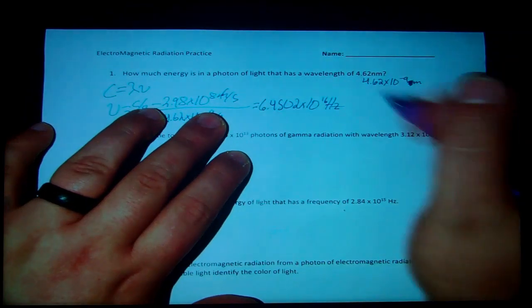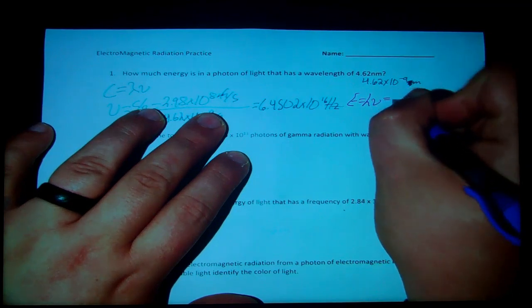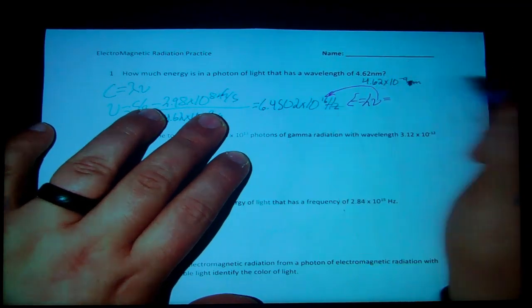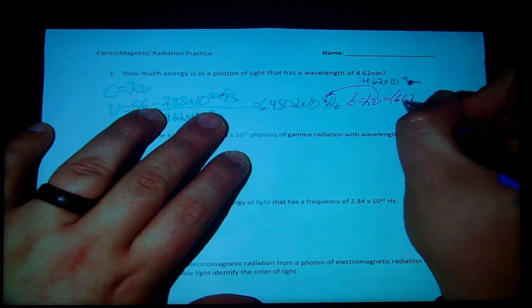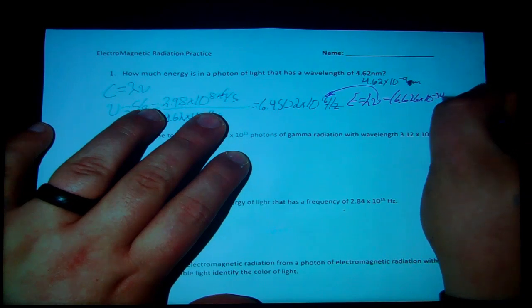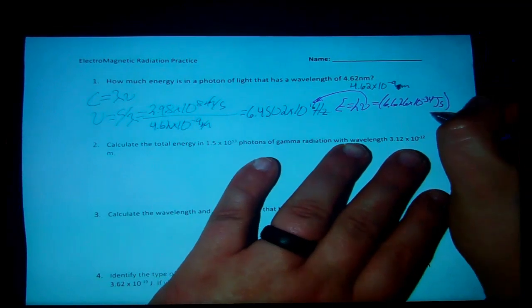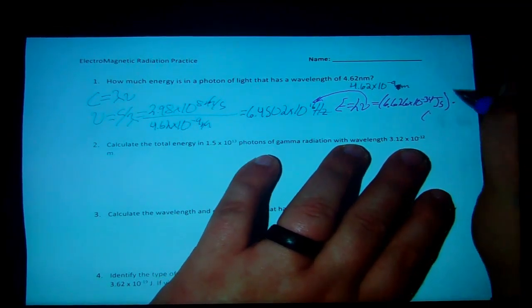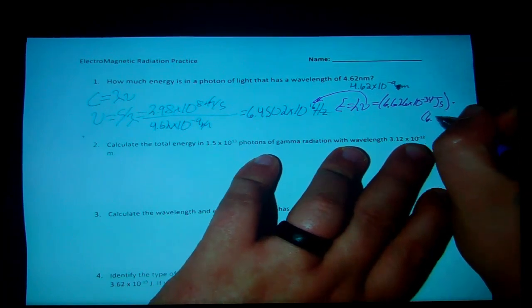Then from here I find energy equals Planck's constant times frequency, which is the frequency you just solved for. So 6.626 times 10 to the negative 34 joule seconds. This is a multiplication here, okay? Just because I'm writing it like this doesn't change the operation.